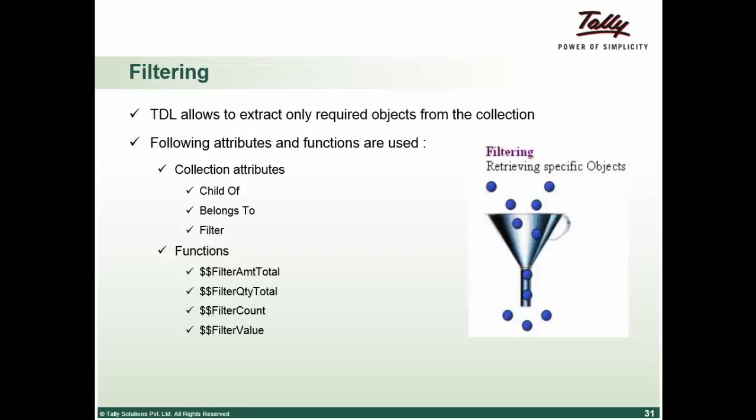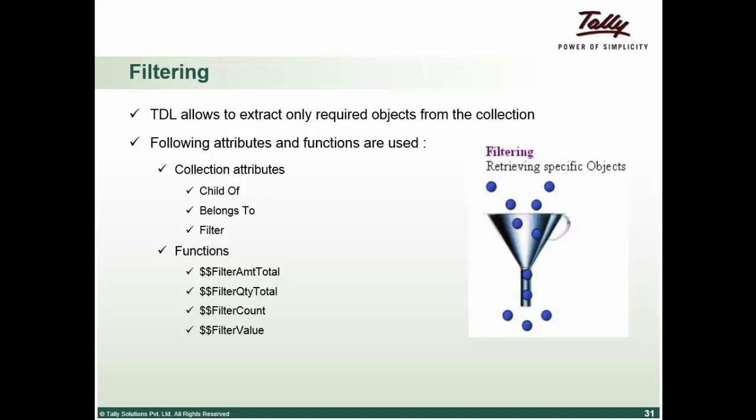Similarly, we have filter QTY total. It is similar to your filter AMT total. The difference between AMT total and QTY total is the QTY total will return you the value based on quantity. So it goes as $filter QTY total colon the collection name colon the filtration criteria colon the value expression.